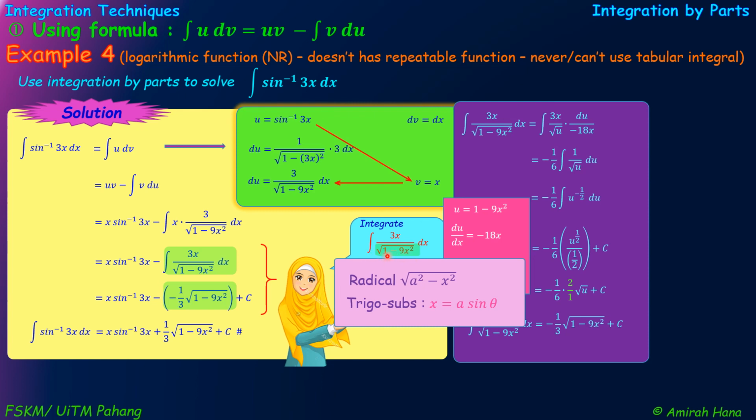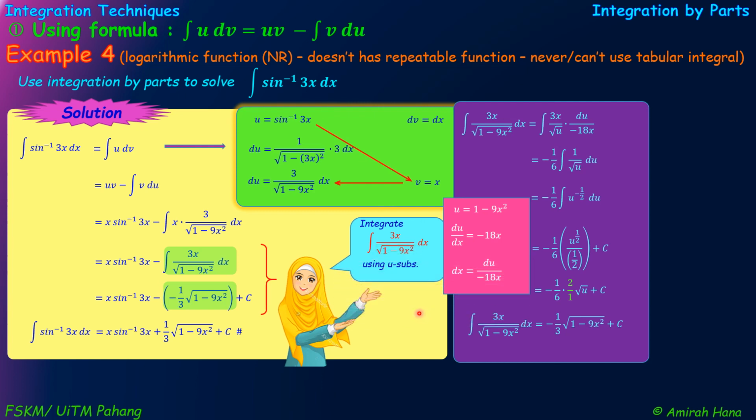After you factorize, you can get a equals 1 over 3, x equals 1 over 3 sine theta. Okay, so you can try it by yourself, right? So to integrate 3x over square root of 1 minus 9x squared dx, you can choose either u substitution or trigonometric substitution, right? And this is the final answer after we substitute when we integrate this function, right?